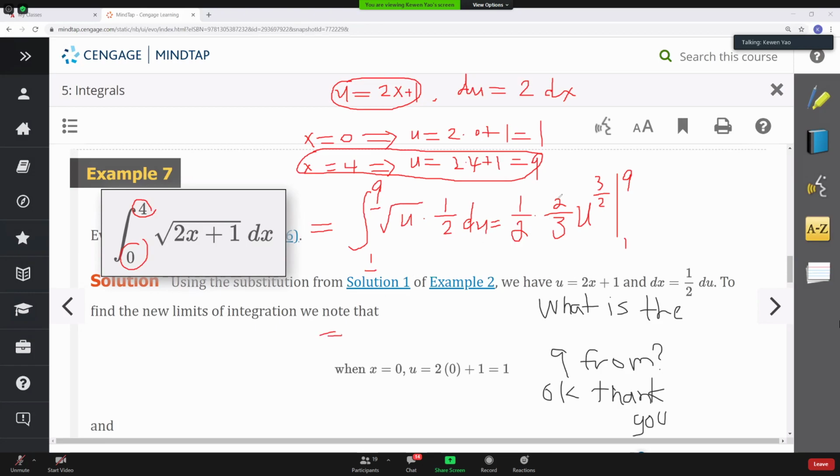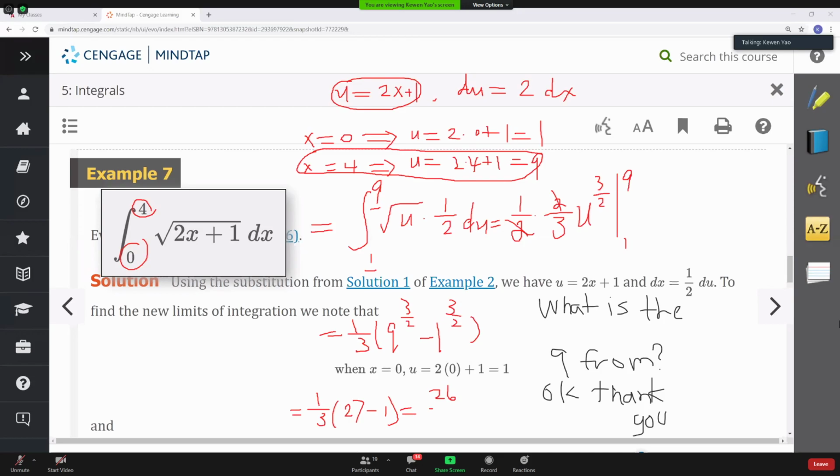The 2 cancels out, so it's 1/3, and replace u by 9, the upper limit, minus u by 1, the lower limit. So this is 1/3 times 9 to the power 1/2 is 3, 3 to the power 3 is 27, minus 1. So we have found the exact answer: 26 over 3.